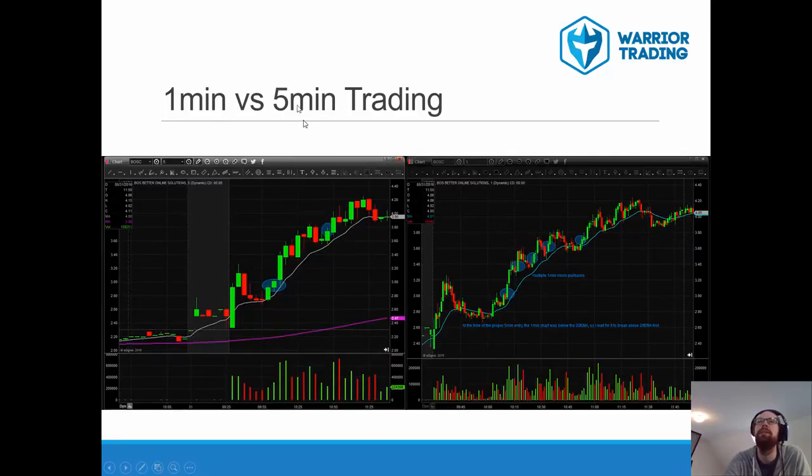This shows you 1-minute versus 5-minute trading, which on this one right here, you have the first breakout, and then this first 1-minute pullback ended up being a little 1-minute bull flag as we squeezed higher.